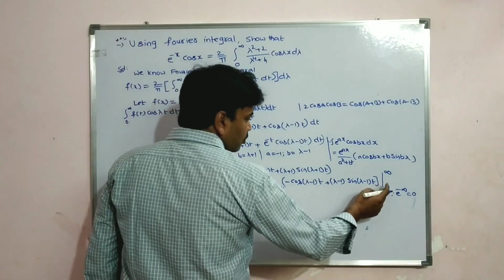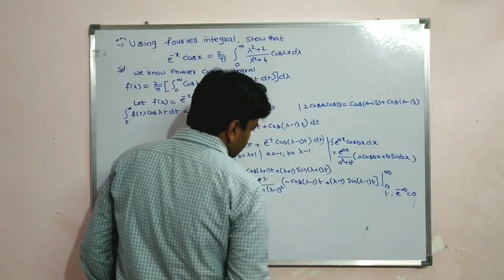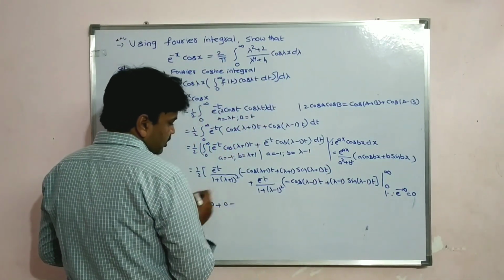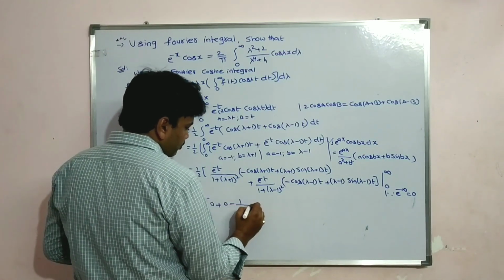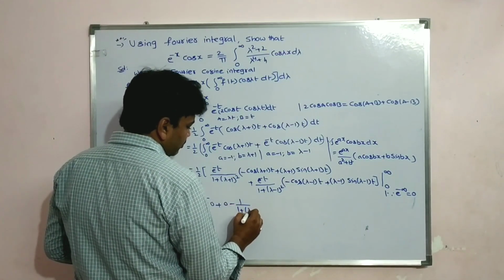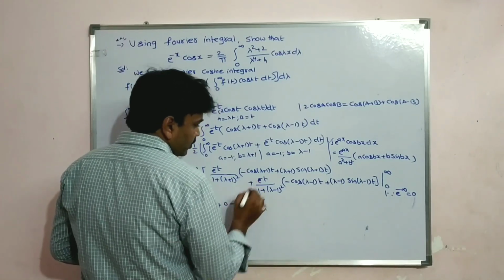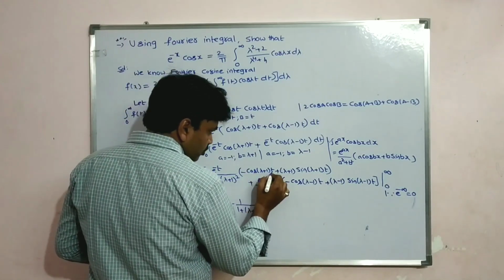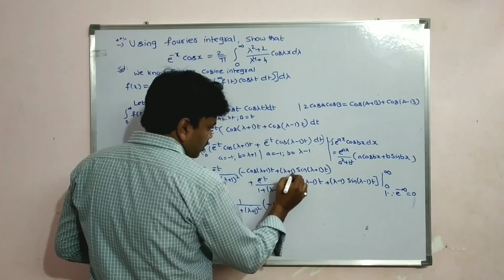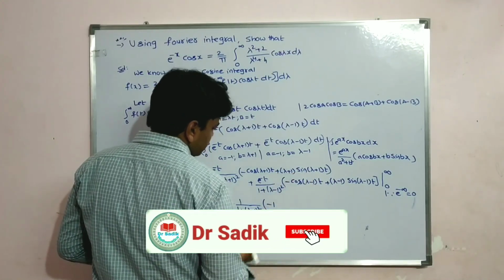Now substitute the lower limit, students. What is the lower limit here? 0. So minus e power 0, which is 1. So 1 by 1 plus lambda plus 1 whole square into minus cos 0. Cos 0 value is 1, plus sin 0 value is, of course, 0.